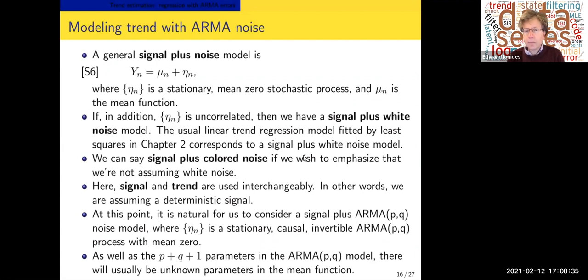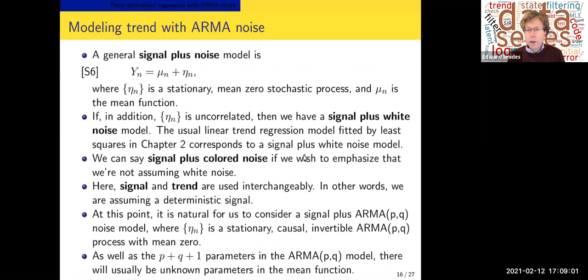So you can say signal plus colored noise to be explicit that you're not assuming white noise. Signal and trend are used interchangeably, and so when you call the trend the signal, you're assuming a deterministic signal, essentially, because the trend is the expected value, which is deterministic.